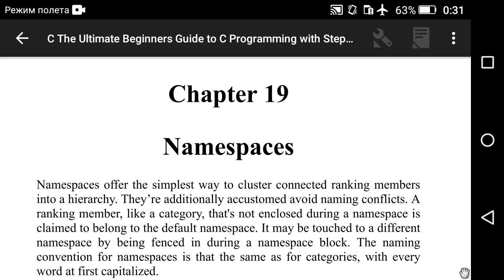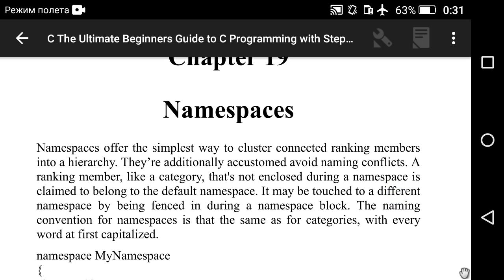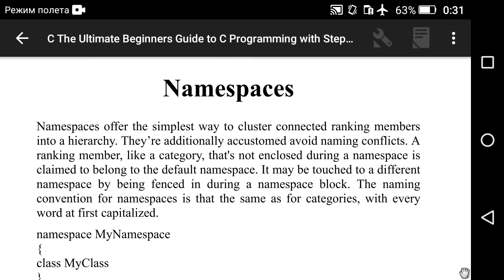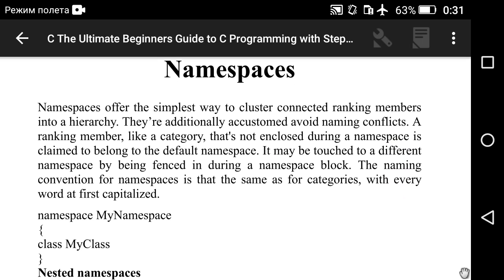Chapter 19: Namespaces. Namespaces offer the simplest way to cluster connected top-level members into a hierarchy. They are additionally used to avoid naming conflicts. A top-level member, like a class, that's not enclosed in a namespace is said to belong to the default namespace.